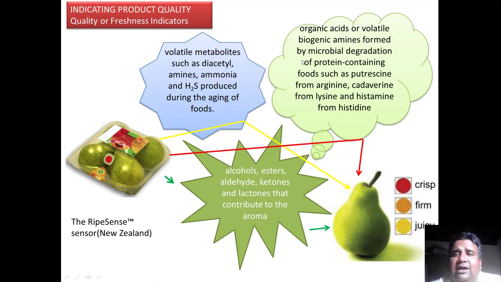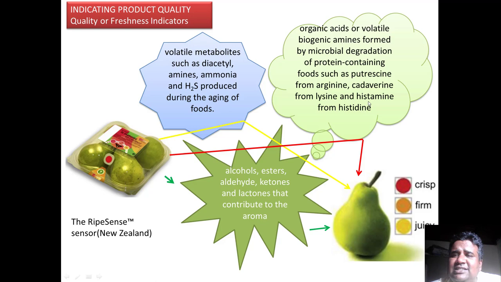The other mechanism is that they can detect organic acids or volatile biogenic amines formed by microbial degradation of protein-containing food, such as putrescine from arginine, cadaverine from lysine, and histamine from histidine. So these are the biogenic amines.